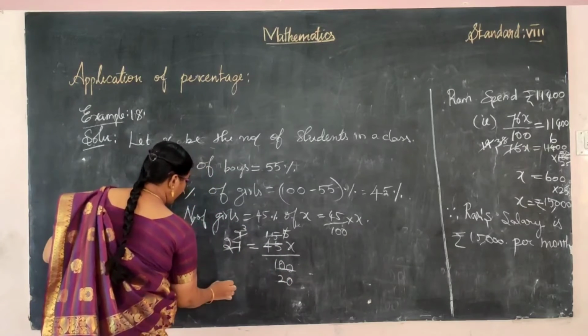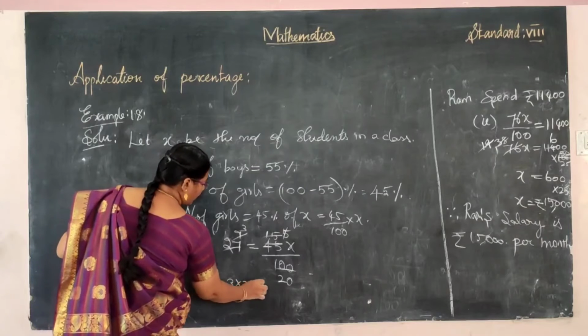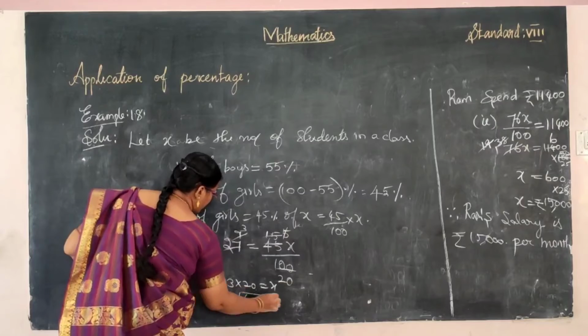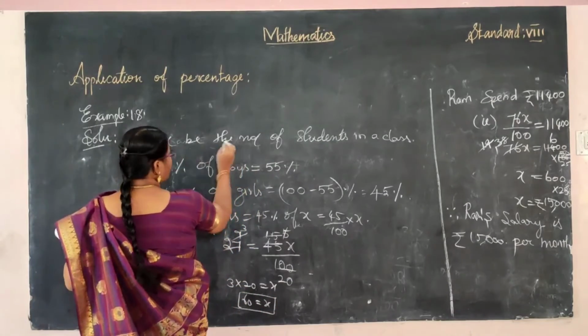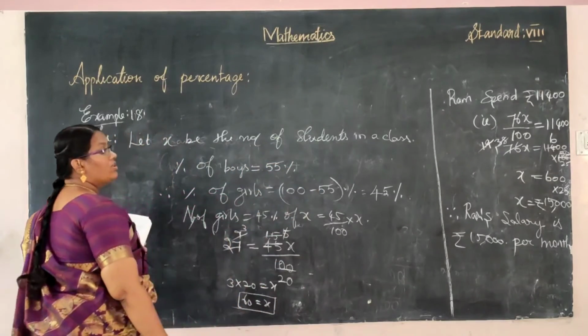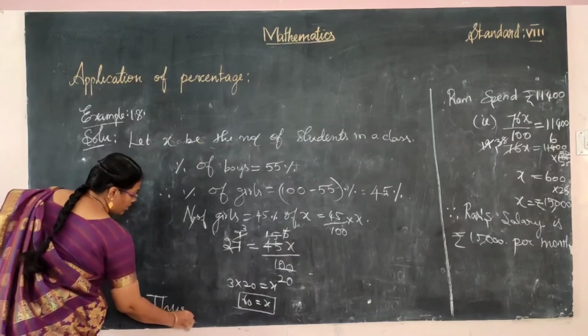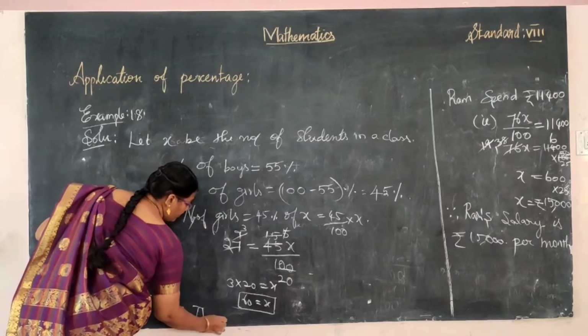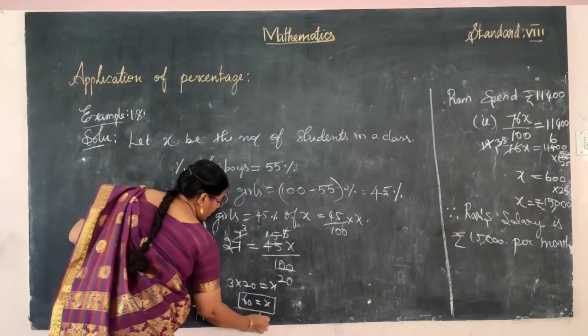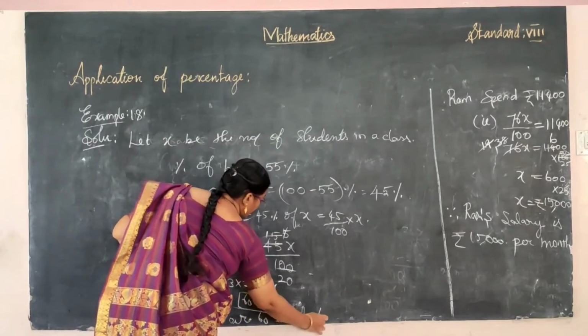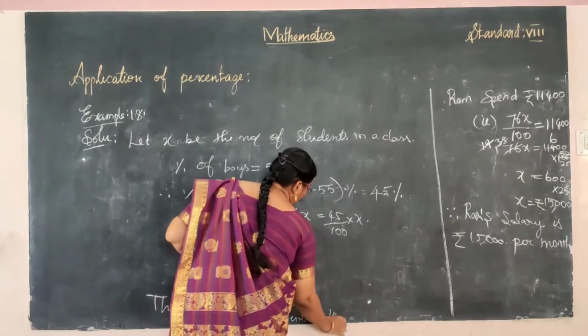Now cross multiply. 3 into 20 equal to x. So 60 is equal to x. X we have considered as the number of students in a class. Thus there are 60 students in a class.